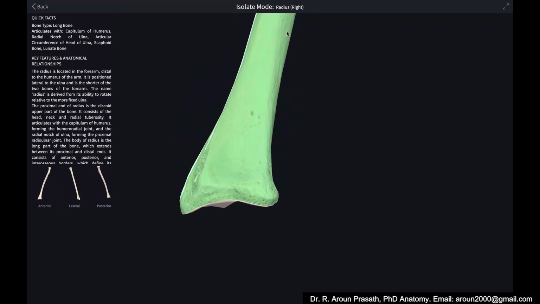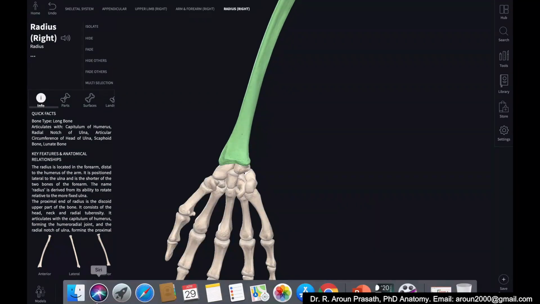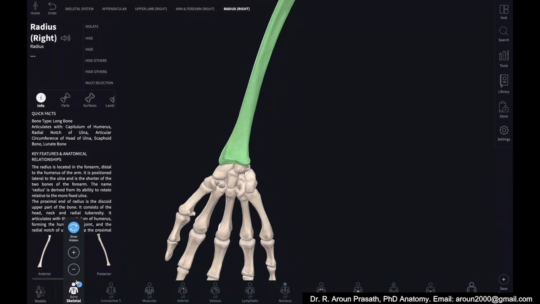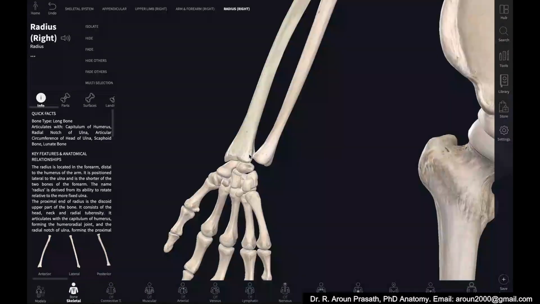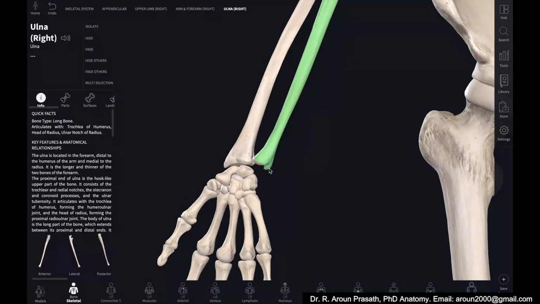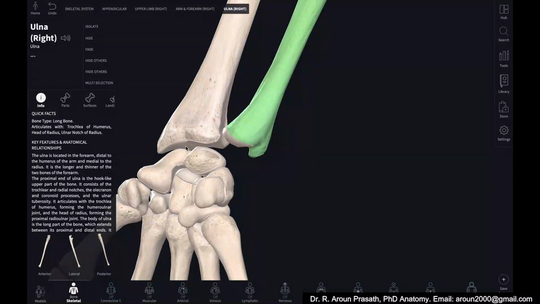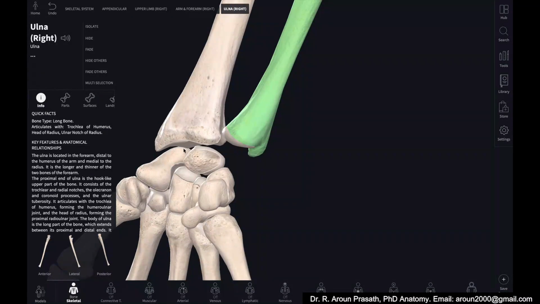In fact, the lower end of the radius is broad, and laterally this projection is called the radial styloid process. So in the ulna you have the ulnar styloid process, and in the radius you have the radial styloid process. Only this base of the radius is articulating with the carpal bones, forming the radiocarpal joint.